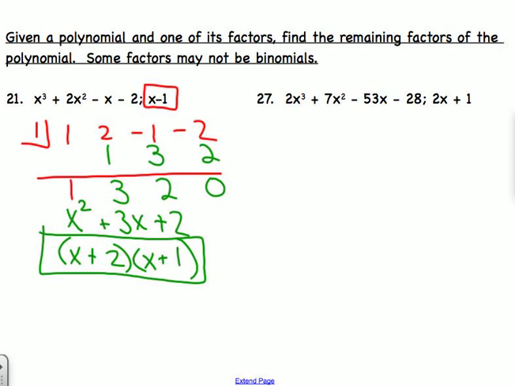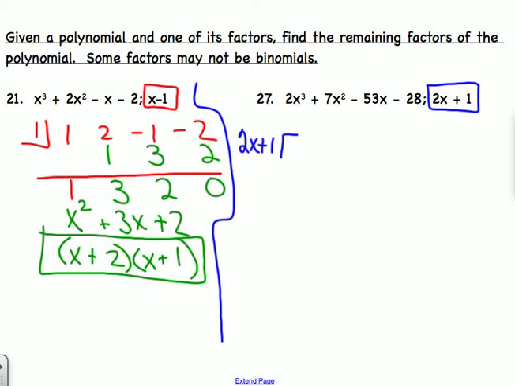For number 27, we cannot use synthetic division since our leading coefficient of what we're dividing by is not a 1. So you have to use long division. 2x plus 1 into 2x cubed plus 7x squared minus 53x minus 28.